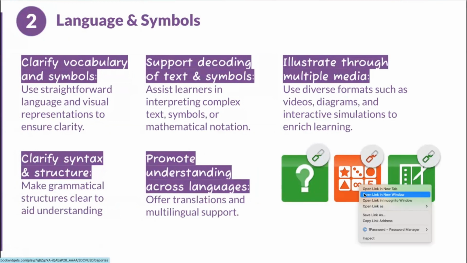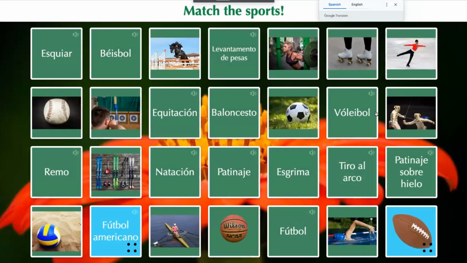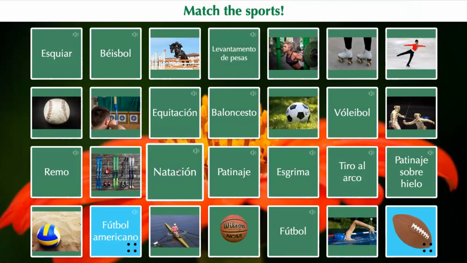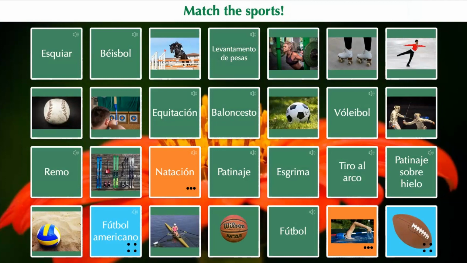So again, being clear with the language, that they understand what they're doing, supporting them in that interpretation. Here we have pair matching, so you could make it a game. Again, maybe this is language where they're practicing matching words to pictures. And you'll notice here we have it set so that when you make a match, we have symbols that appear in the bottom corner, in addition to the color coding.